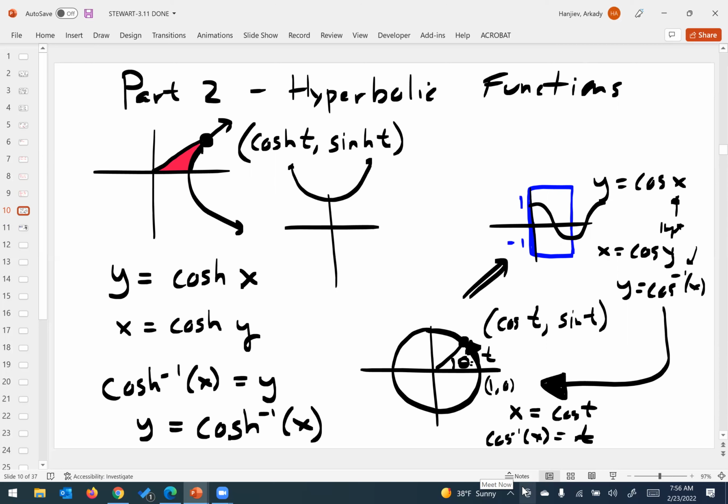So we're just trying to get to somewhere here. Or we can say like this. You guys tell me if this is correct. The x value, the x coordinate of this was cosine of theta, right?